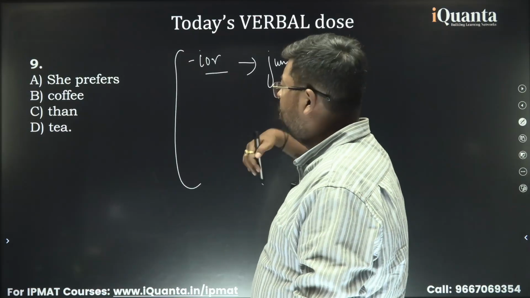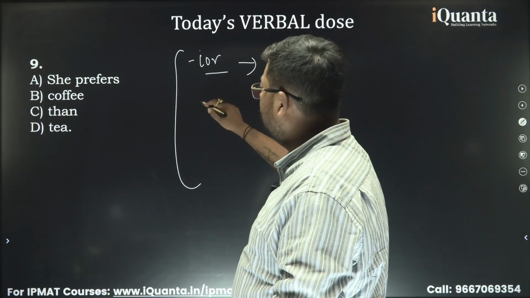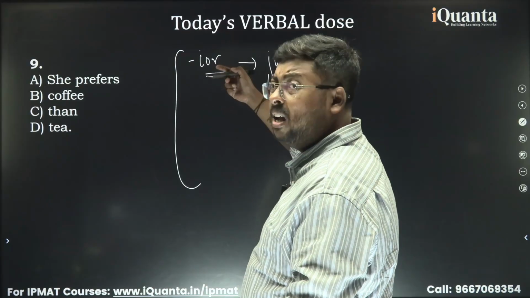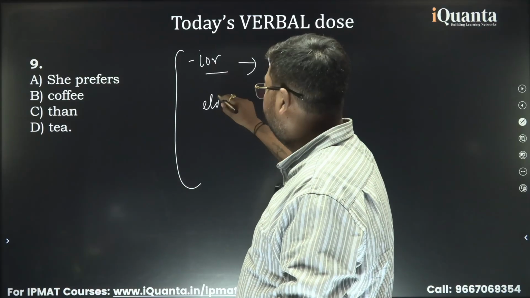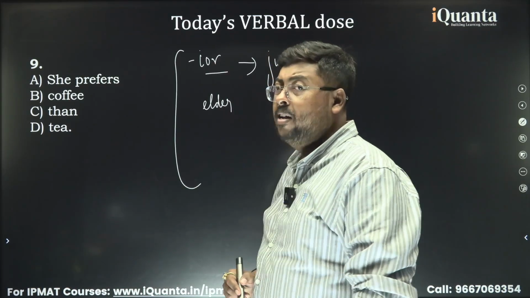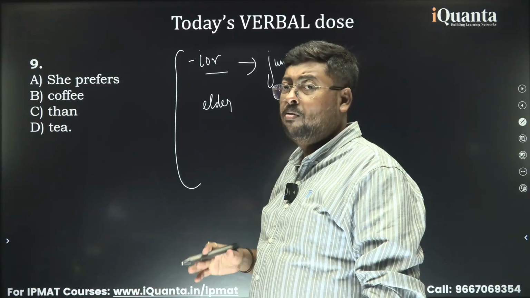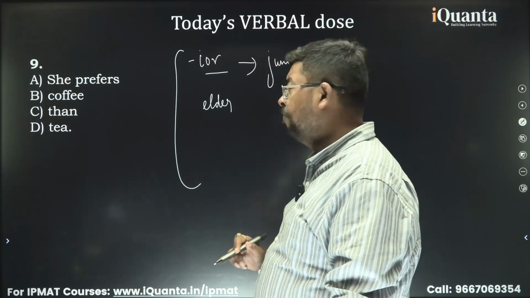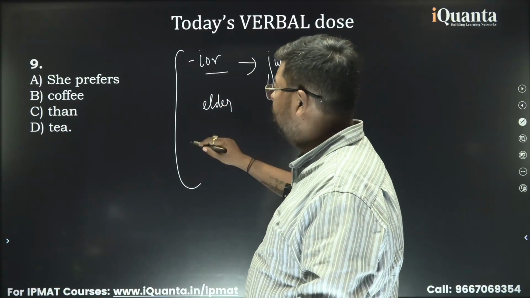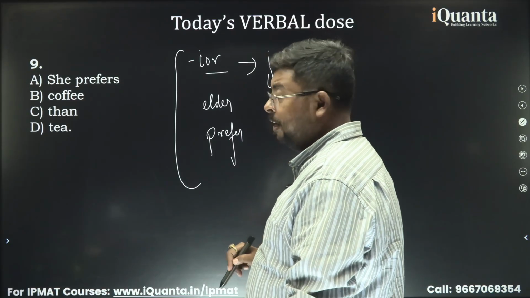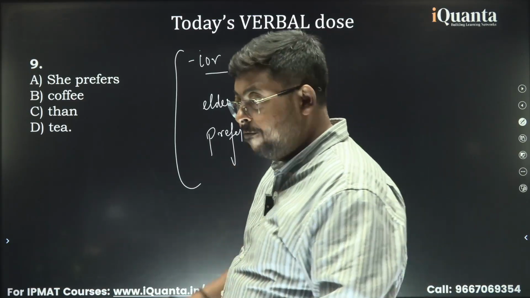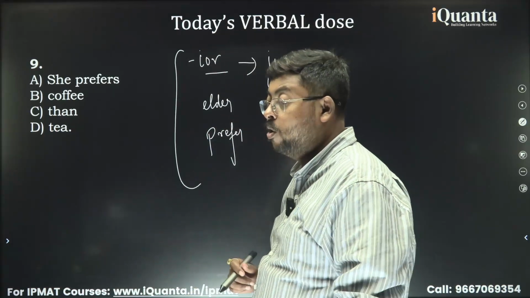Junior, right? Then we have got some words other than this, not IOR, but still, like we have got elder. We never say elder than. We always say elder to, right? Then what do we have? Similarly, we have got prefer. Okay. So whenever you have got prefer, what is the thought process you have to keep?